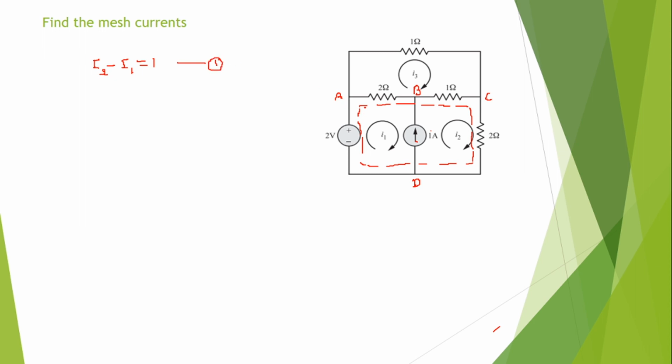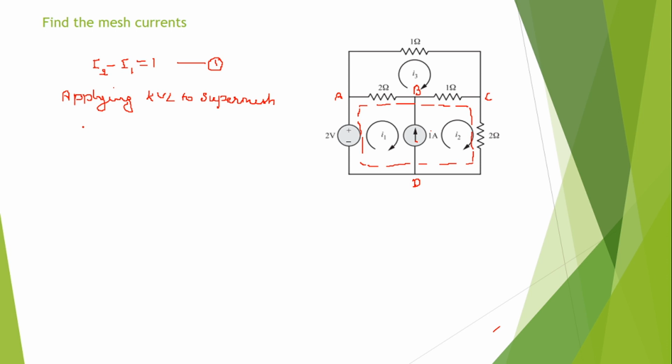Now, next apply KVL to the super mesh. So what happens in the super mesh? A to B, I am tracing. What is the current flowing from A to B?